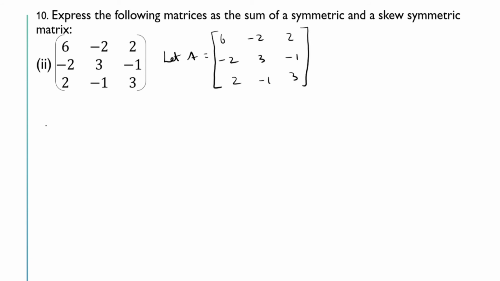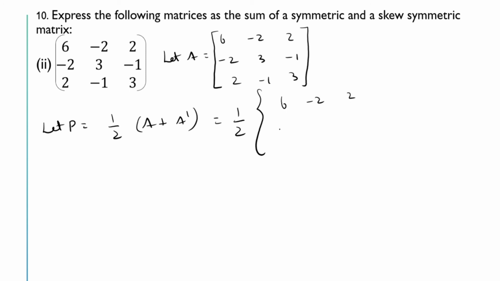Now let P be equal to half of A plus A transpose. Since we know that A plus A transpose is a symmetric matrix, we will get P as a symmetric matrix. So this is equal to half of A, the given matrix, plus A transpose.